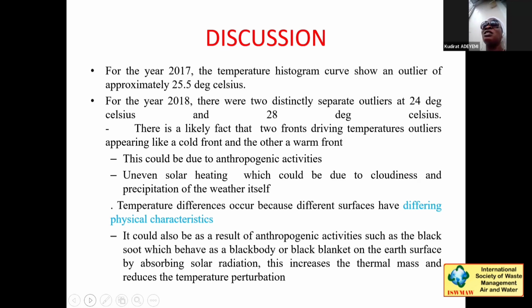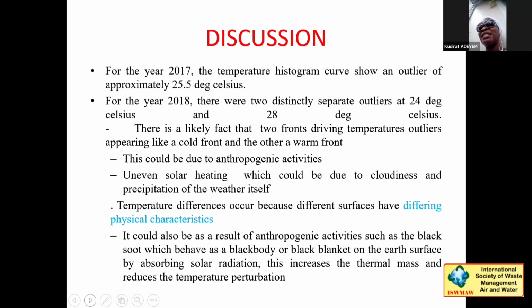And you know that a front is as a result of different air masses, and air masses are very important when we are talking about weather. So that is where the interest of this work lies. So from here, we can likely say that we have 2 fronts from the chart of 2018. Then this could be due to the anthropogenic activities that were ongoing in Port Harcourt City during the period of this study.